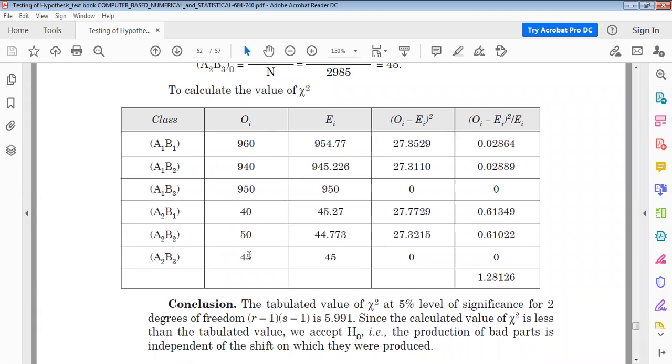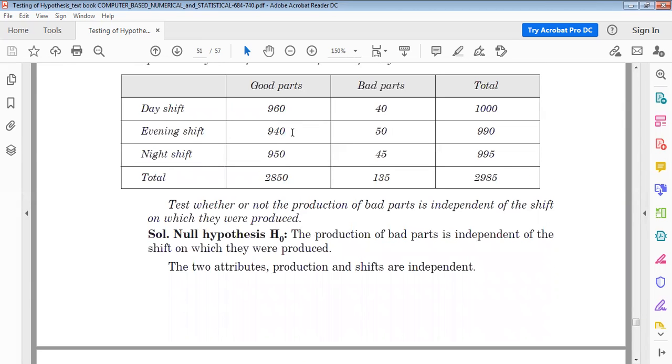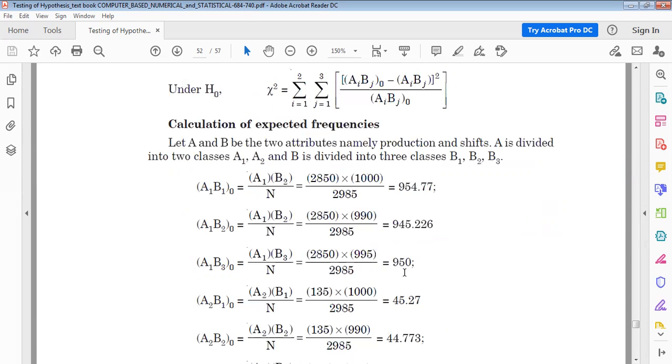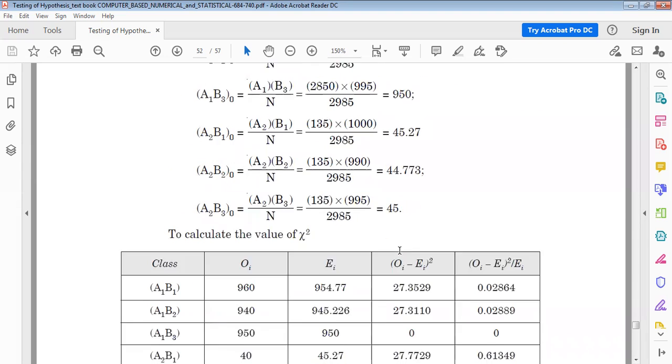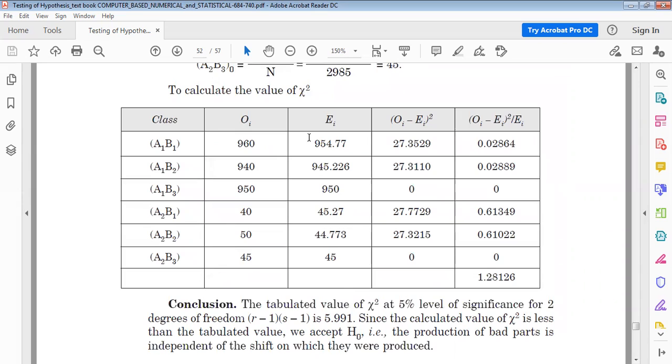These are the given observed values: 960, 940, 950, first column, second column. Understand? Now this is the expected value, first column, second column. Now just taking the difference, Oi minus Ei.